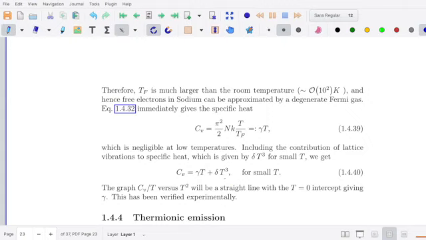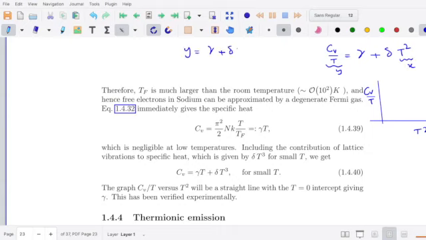Now if we divide this specific heat by temperature, we see that Cv by T is equal to gamma plus delta T square. Now we can plot a graph of Cv by T against T square. So if Cv by T is y, and T square is x, this will become y is equal to gamma plus delta x.